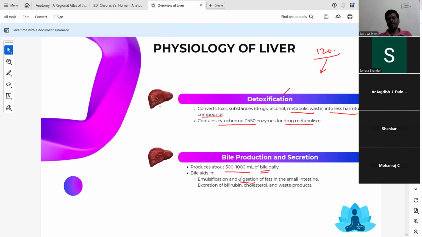helps in breaking down the protein and the fat in the food that we consume, into fatty acids and amino acids, and then further processing and conversion into various items, which happen in the small intestine, because the bile juice drains into the duodenum.